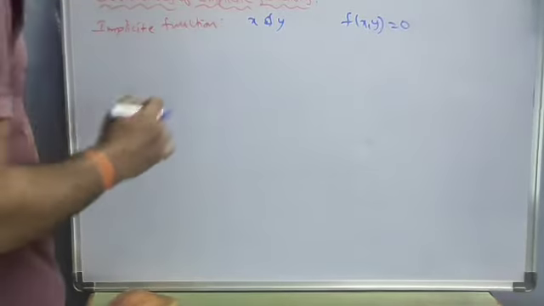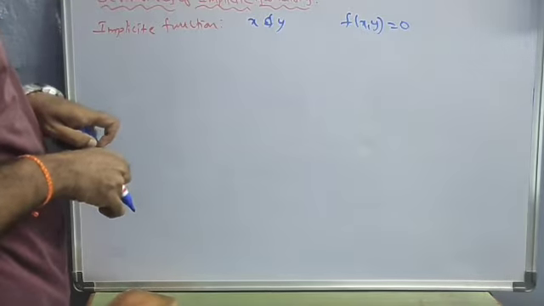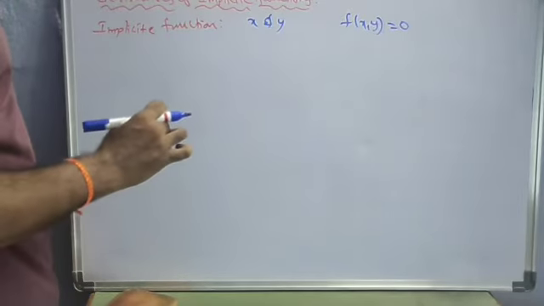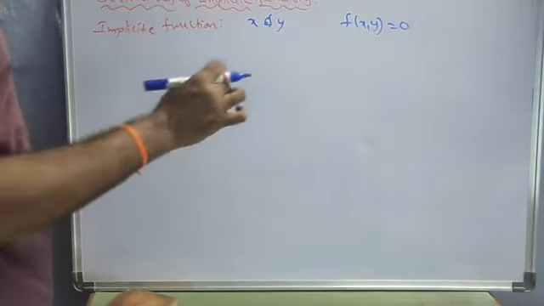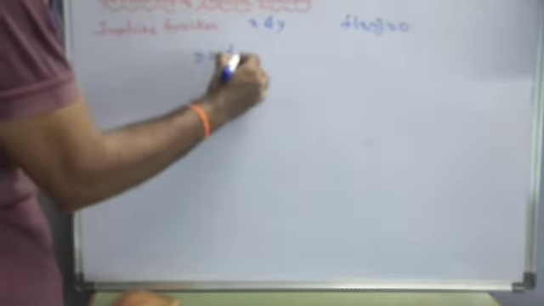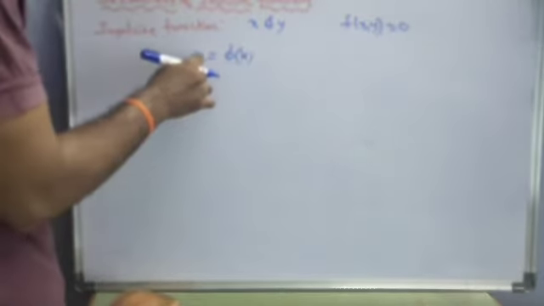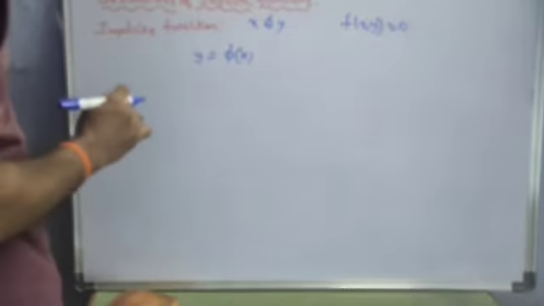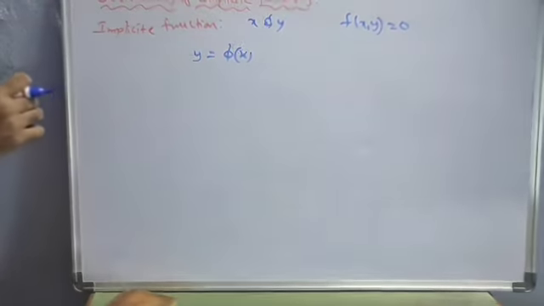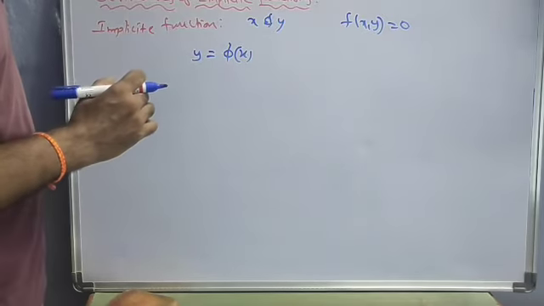If we cannot express that relation in the form y equal to some phi of x, where x is the independent variable and y is the dependent variable, then such functions are called implicit functions.